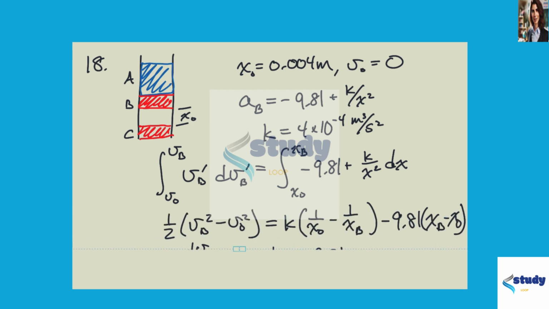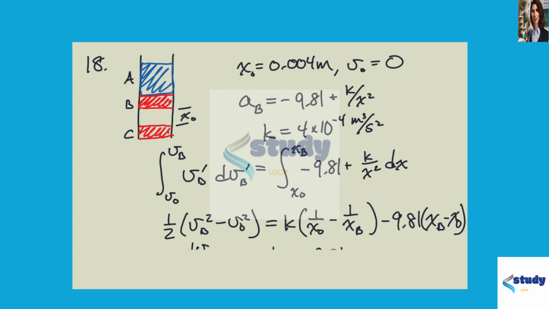We can then do these integrals, and we get 1/2 vb squared minus v naught squared, and then these turn into terms like 1 over x, so we get k times 1 over x naught minus 1 over xb, and then minus g times xb minus x naught.